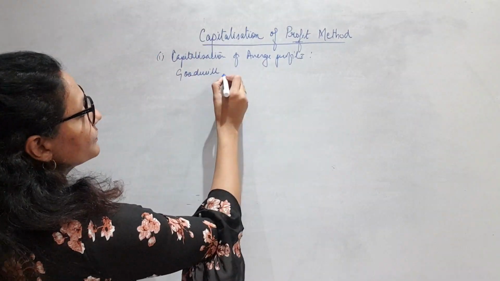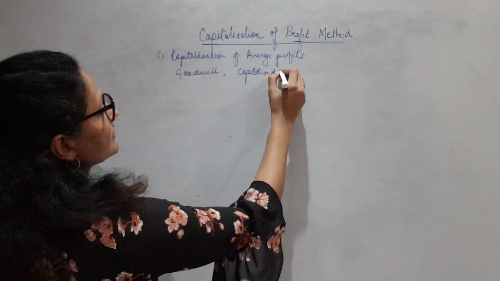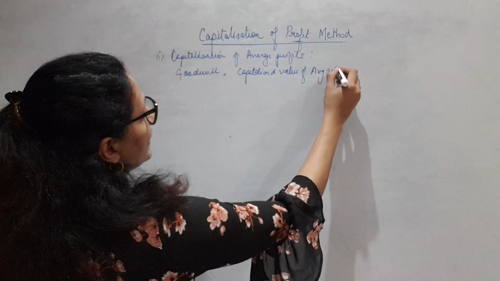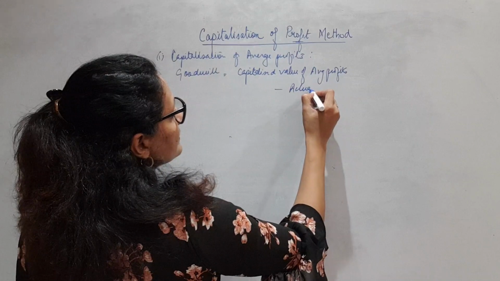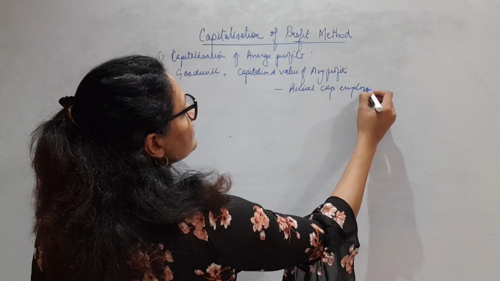So goodwill is equal to the capitalized value of average profits minus actual capital employed.